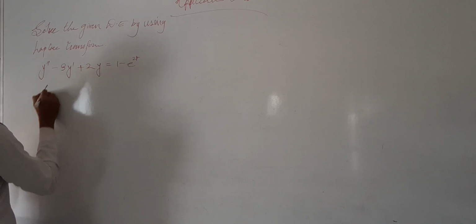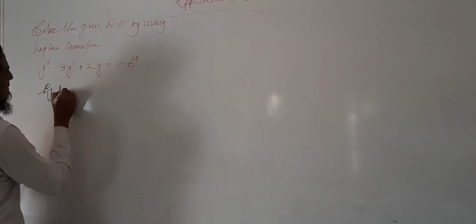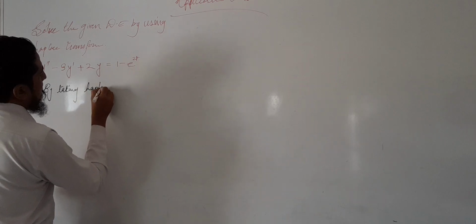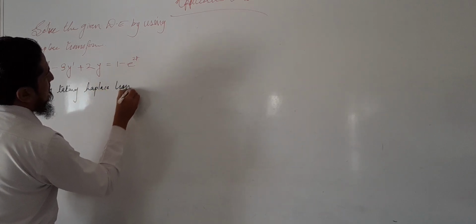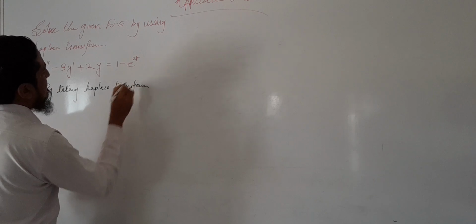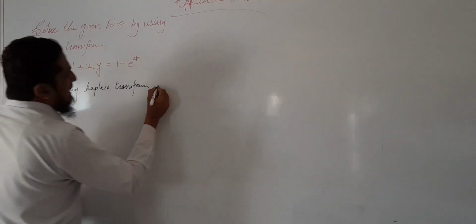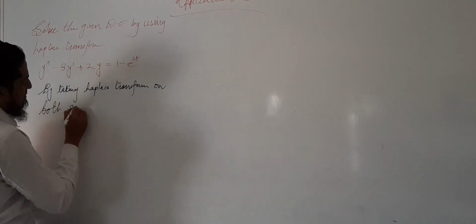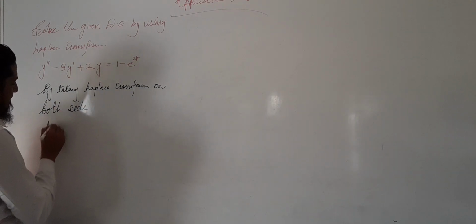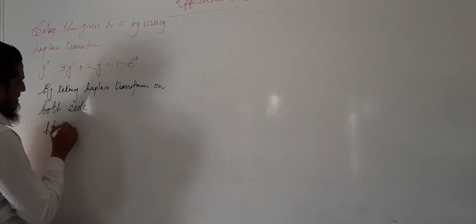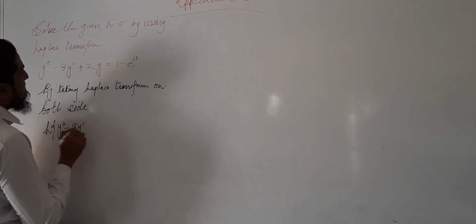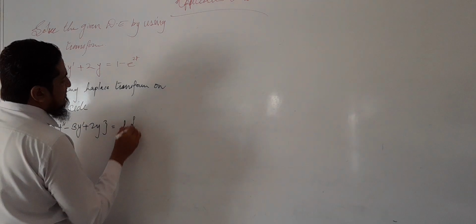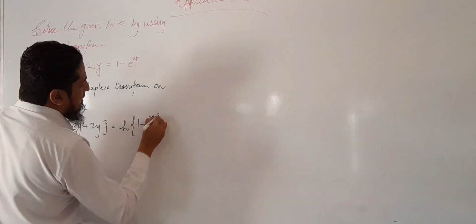So by taking Laplace transform on both sides, we will get the Laplace transform of y double dash plus 3y dash plus 2y, equals the Laplace transform of 1 minus e raised to 2t.